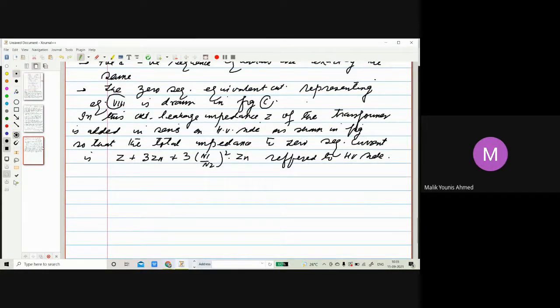Here we know that the shunt magnetizing impedance can also be added if it is possible in figure C. And then the important point is, in the case of the per unit system, the turn ratio becomes unity.